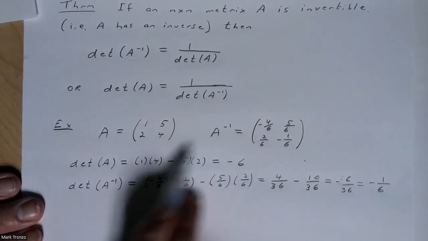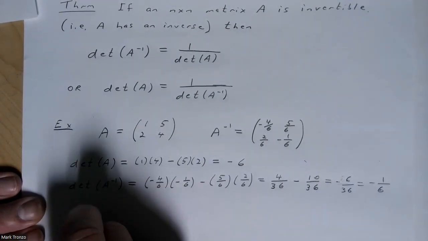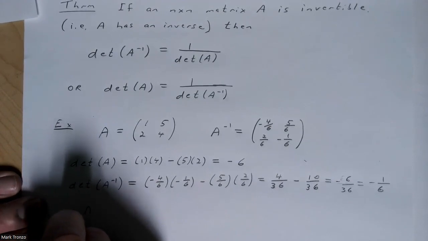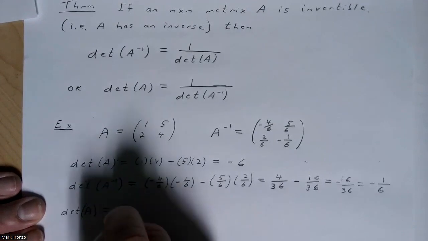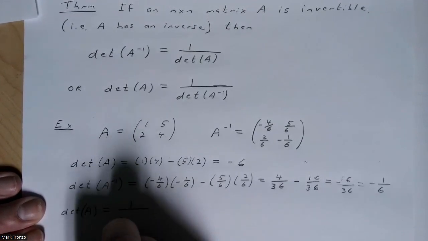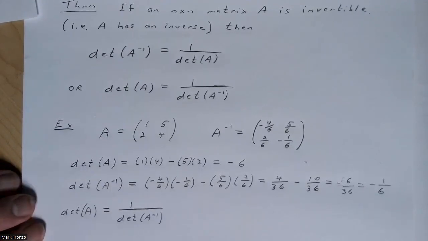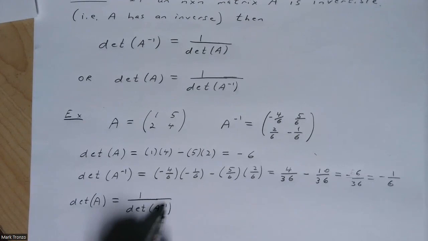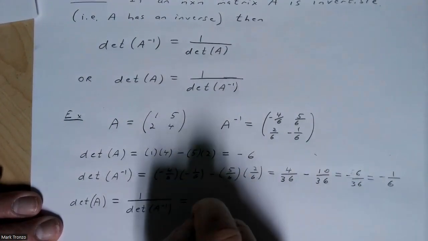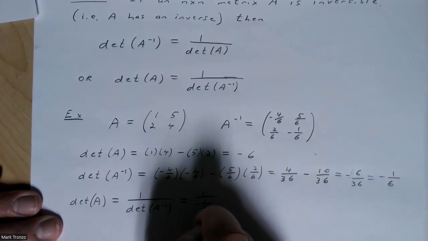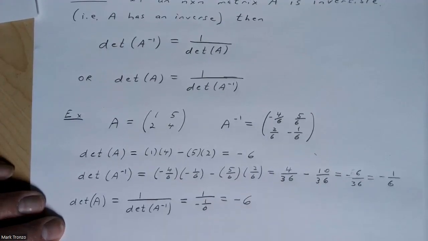So we see that it's true that the determinant of A is equal to 1 over the determinant of A inverse, and vice versa. So for example, if you took the determinant of A inverse, this is going to end up being minus 6.